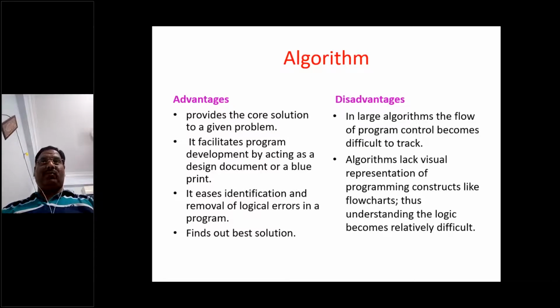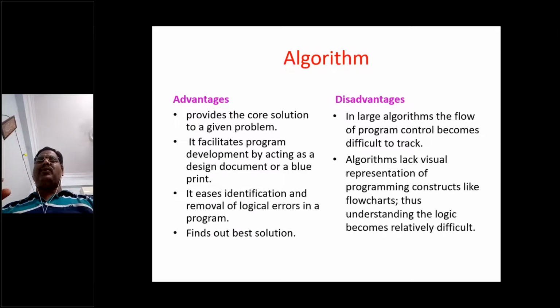This is also one of the main points for going further to flowcharts. Why did we go for the flowchart? The disadvantage here is if you face complex algorithms. What is the meaning of complex here? They are difficult to trace out the steps. For example, say I am dealing with more than 1,000 steps.